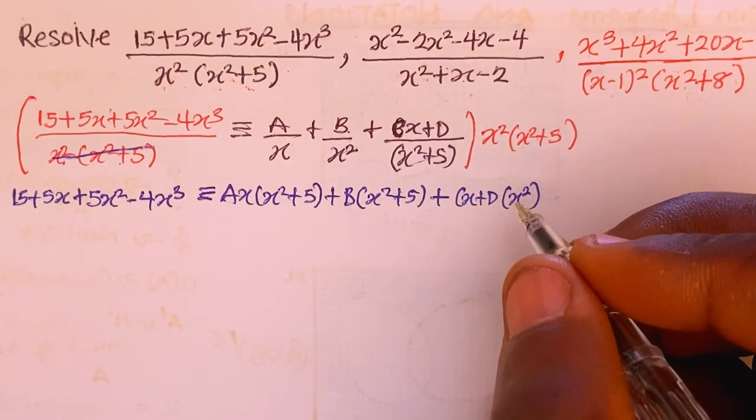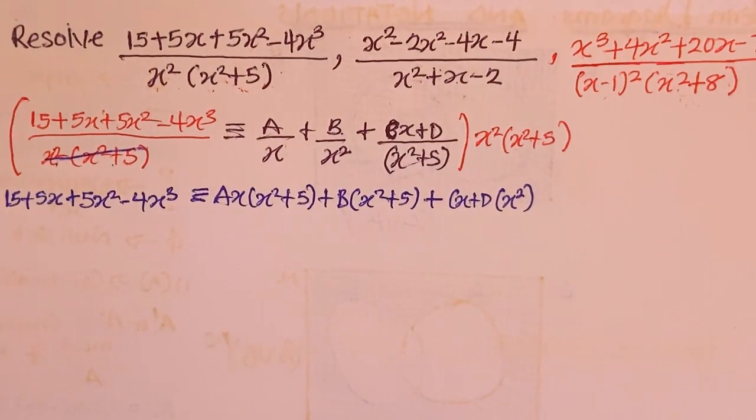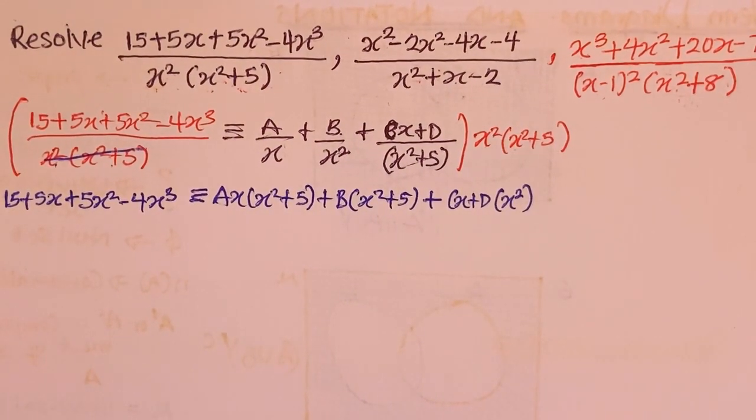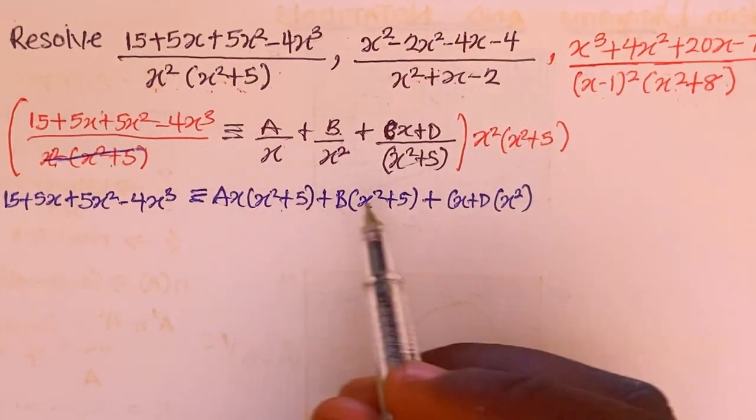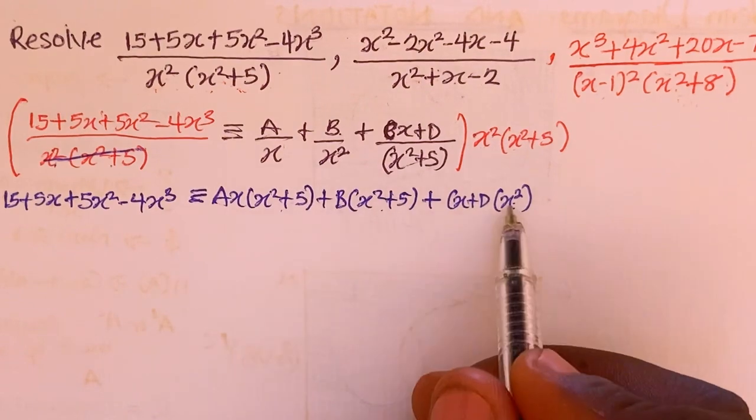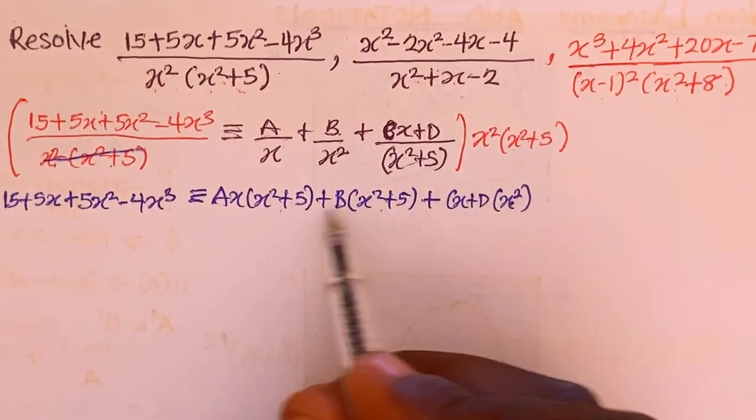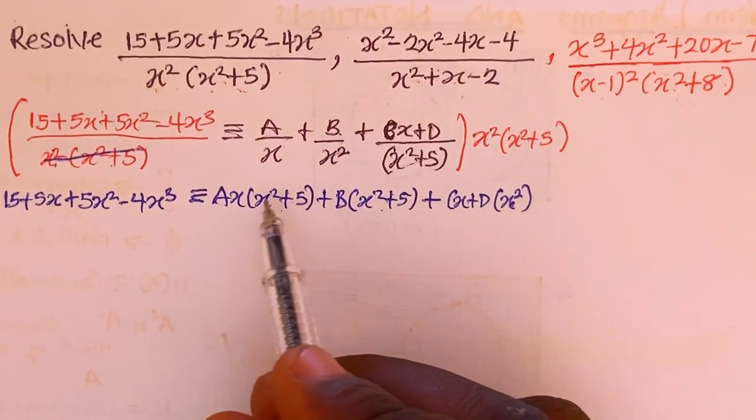Now, if you look at this very well, for this partial fraction I cannot use anything like the assumed method, because all the factors that I have here are non-linear. So in this case, I can go ahead and expand, or let me just say open the brackets.